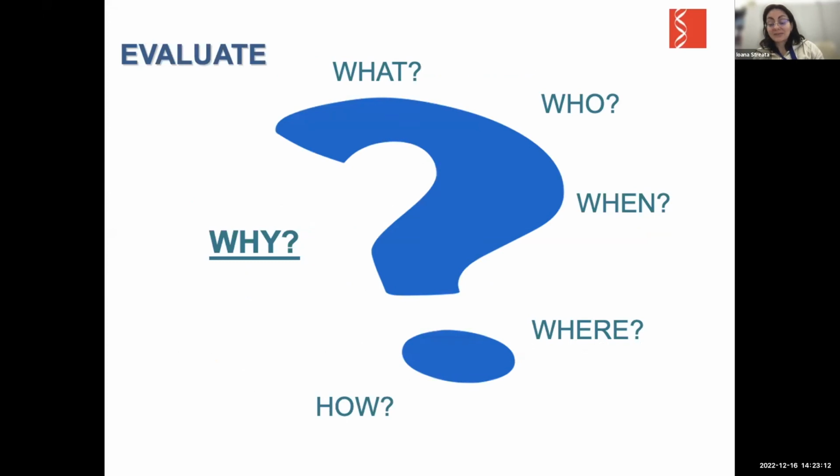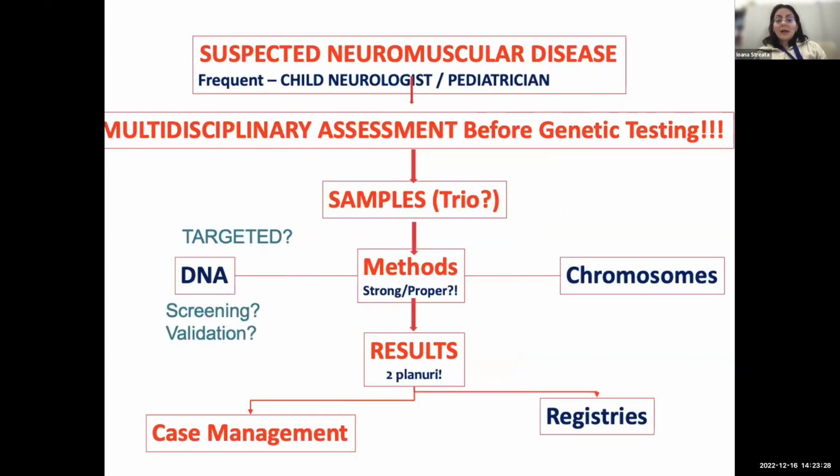Is the person affected, or does the person have a familial history of a neuromuscular disease? When we want to do this test: prenatally, postnatally, or we want to make a screening. And how.